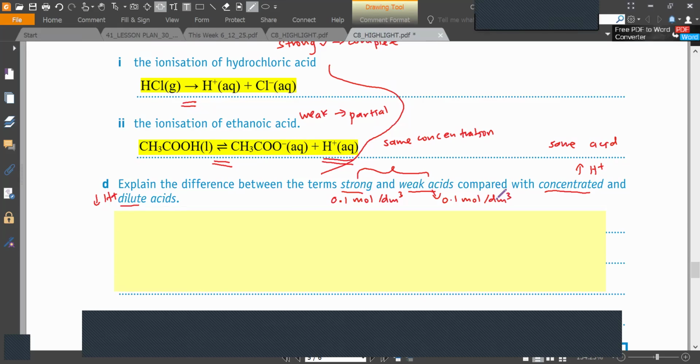They are supposed to have the same concentration of hydrogen ion, but they do not, because a weak acid dissociates partially. So weak acid will have low hydrogen concentration. Strong acid will have high hydrogen concentration. That's the idea.